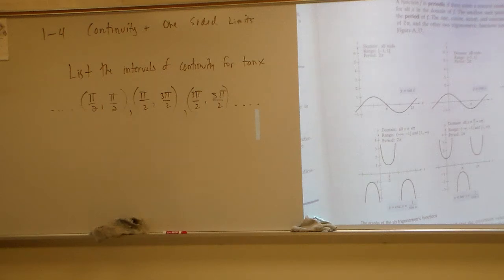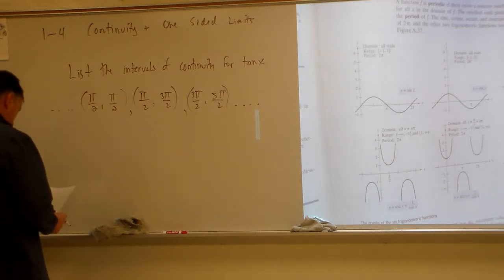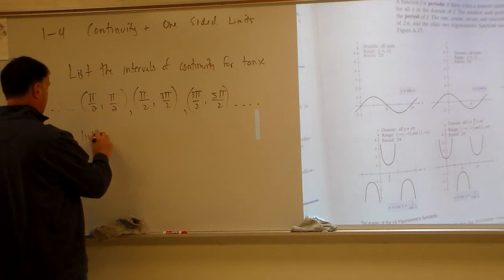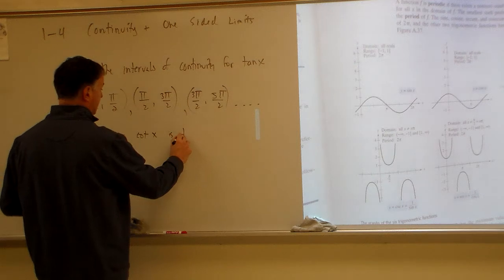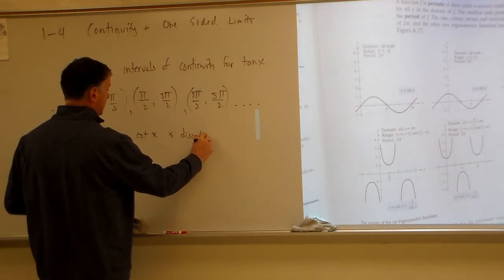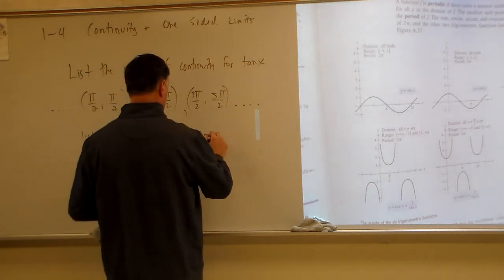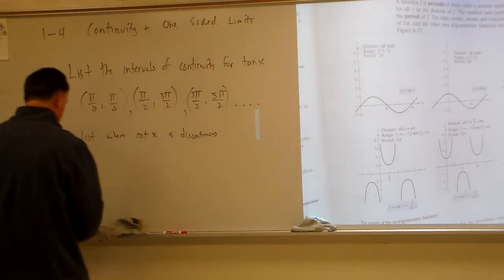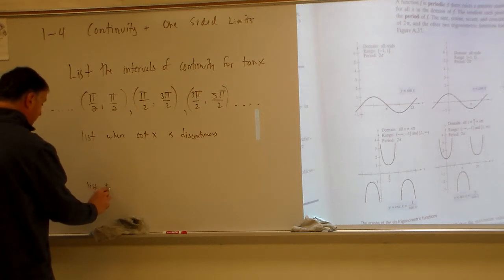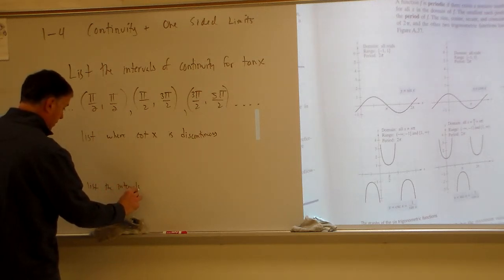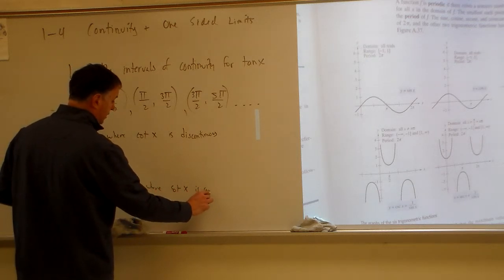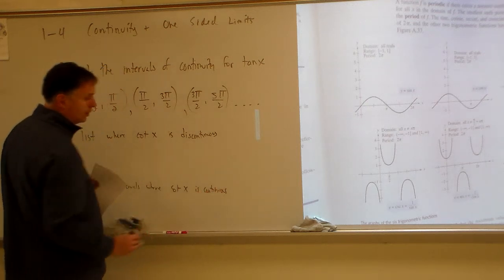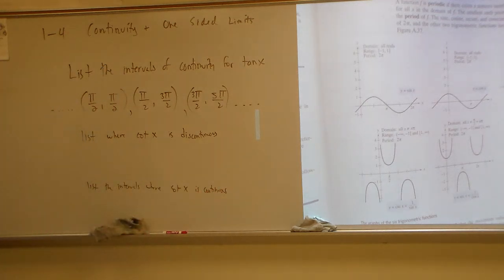Okay, so I want you to do the same thing for cotangent. List where cotangent of x is discontinuous, and then list the intervals where cotangent of x is continuous. I want to make sure that you can do both of those. So please do that now.